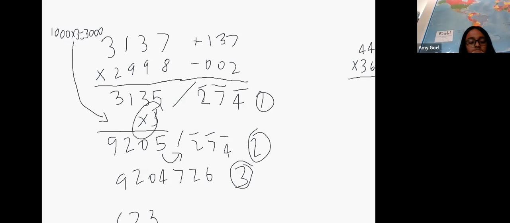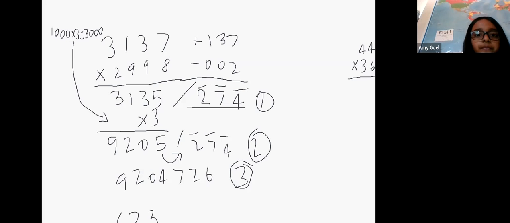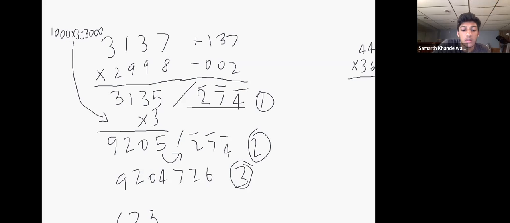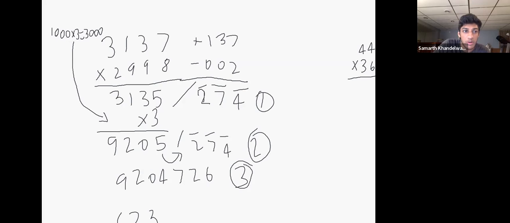No, well, we already are multiplying it by 3,000 because this is already in the thousandth place. If you can think of it this way. Remember, see how there's 3 digits here? That means this is already in the thousandth place. That's why we have to have 3 digits here because there's 1,000 here. Remember, 3 digits here. Therefore, you want 1, 2, 3, 1, 2, 3.